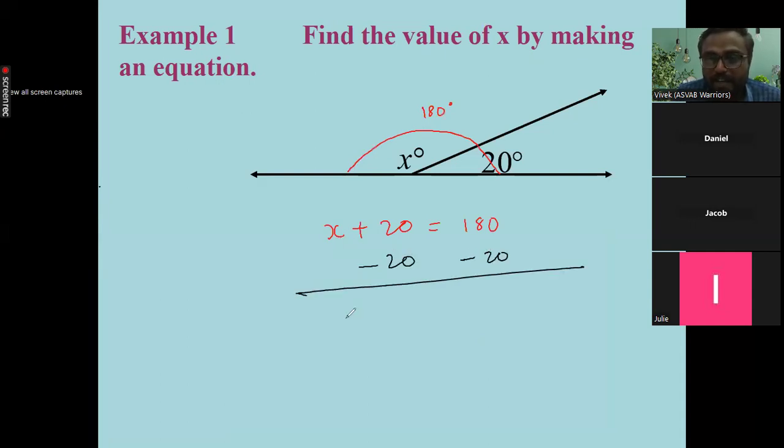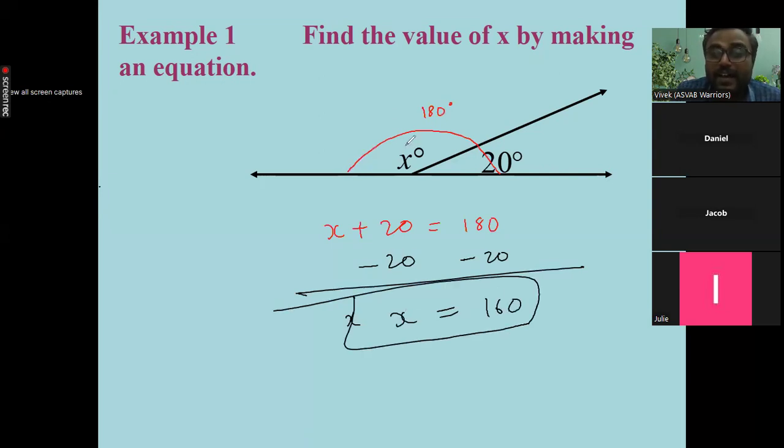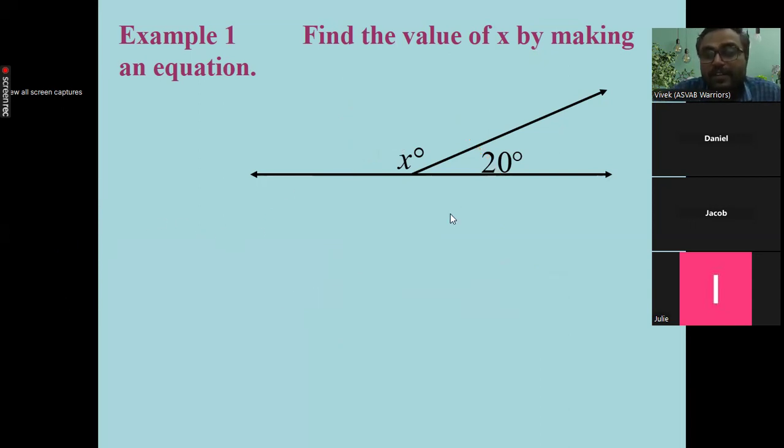What do we get? X equals 180 minus 20, which is nothing but 160 degrees. So this angle X is going to be equal to 160 degrees. So this is how we will be able to solve the relation between the supplementary pair.